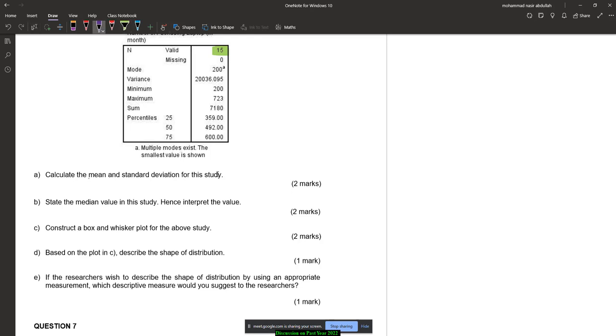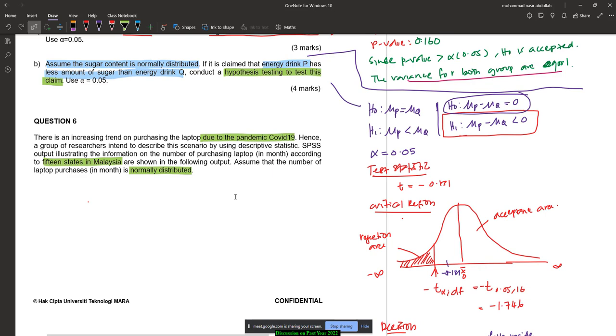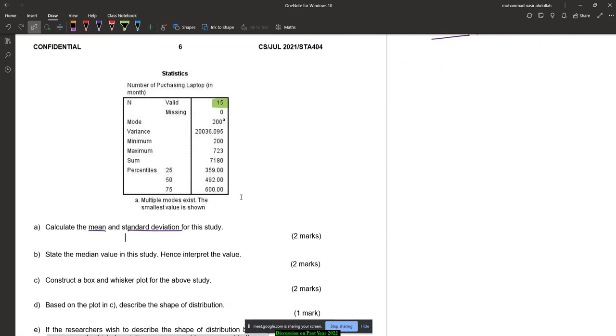Alright, so calculate the mean and standard deviation for this study. So mean. Alright, so in this table it gives us the value of n. This is mode, right? And this is variance, s square.